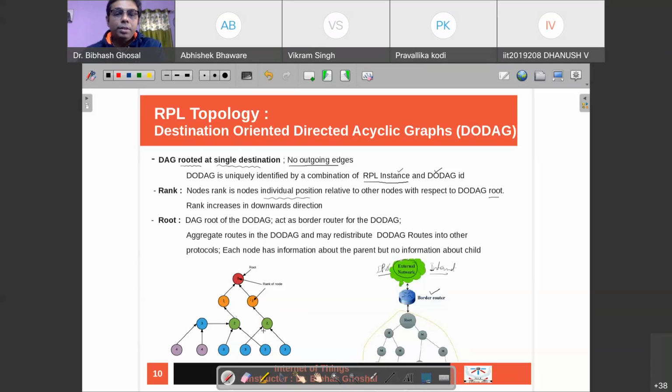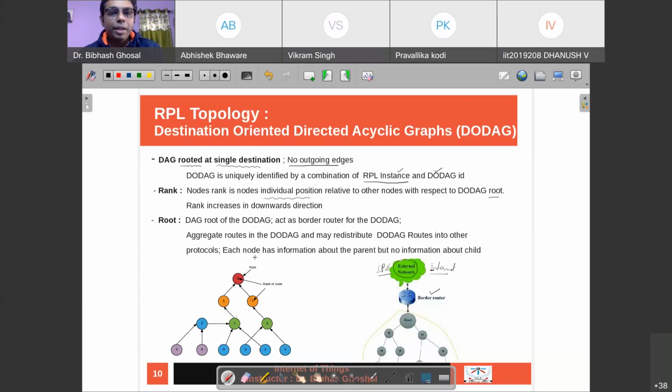So in this way, you can build your graph. It's a destination oriented directed acyclic graph. Now, looking at this data structure, we see that the root is the border router.